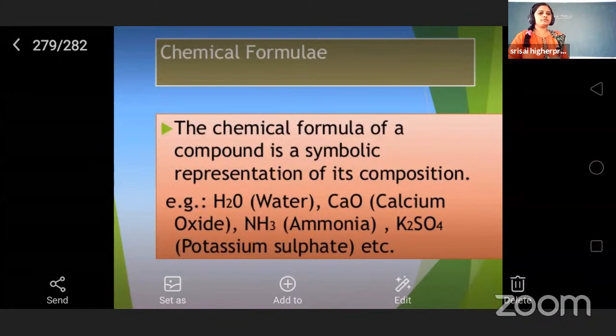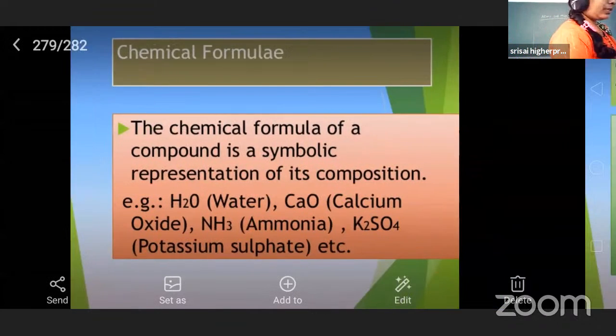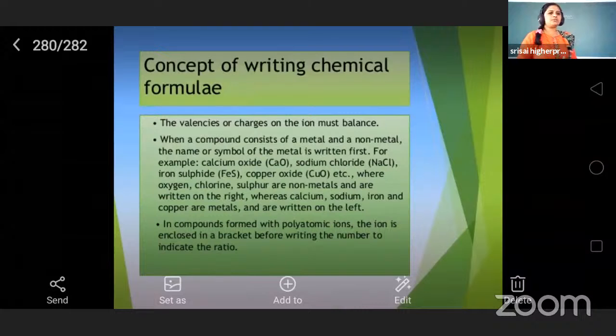These are some chemical formulas. So how do we write a chemical formula? Here the valencies or charges on the ions must balance.